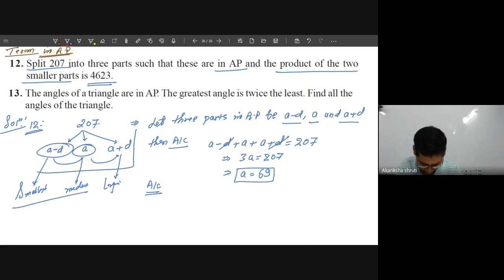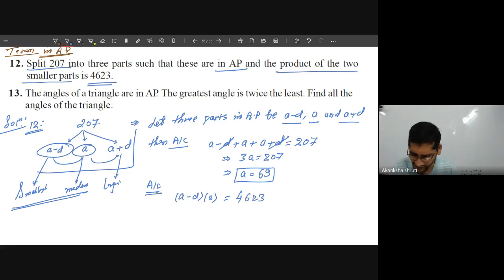So it is given that the two smaller parts, so I shall take these two numbers.